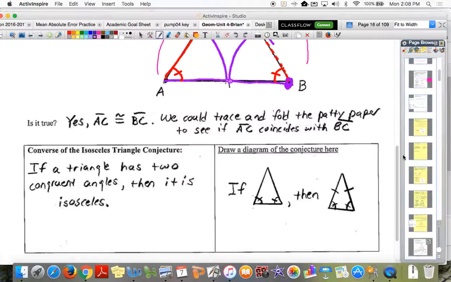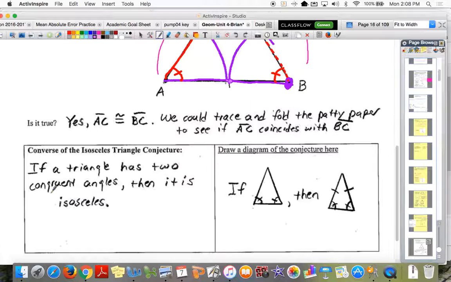It says, if a triangle has two congruent angles, then it is isosceles. If the base angles of a triangle are congruent, then the triangle is isosceles, would be another way of stating that.